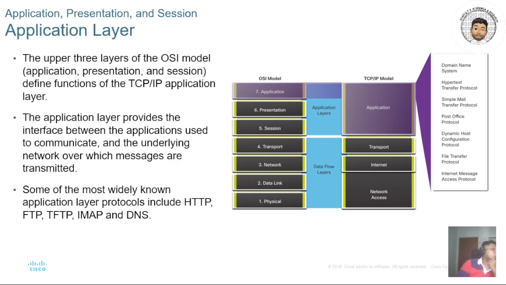The application layer provides the interface between the applications used to communicate and the underlying network over which messages are transmitted.